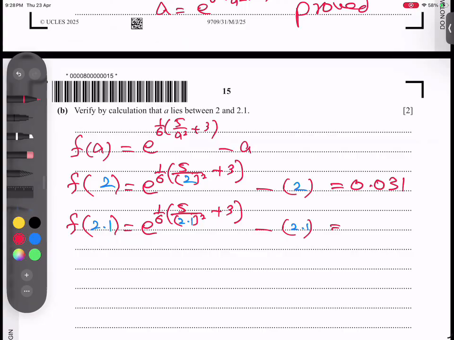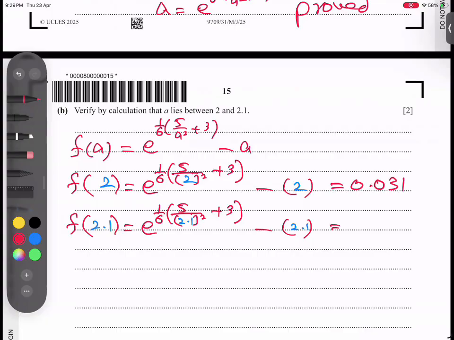And the same way, students, I can do the other one. So 5 divided by 2.1 square plus 3, times 1 over 6 and exponential to power, and negative 2.1.